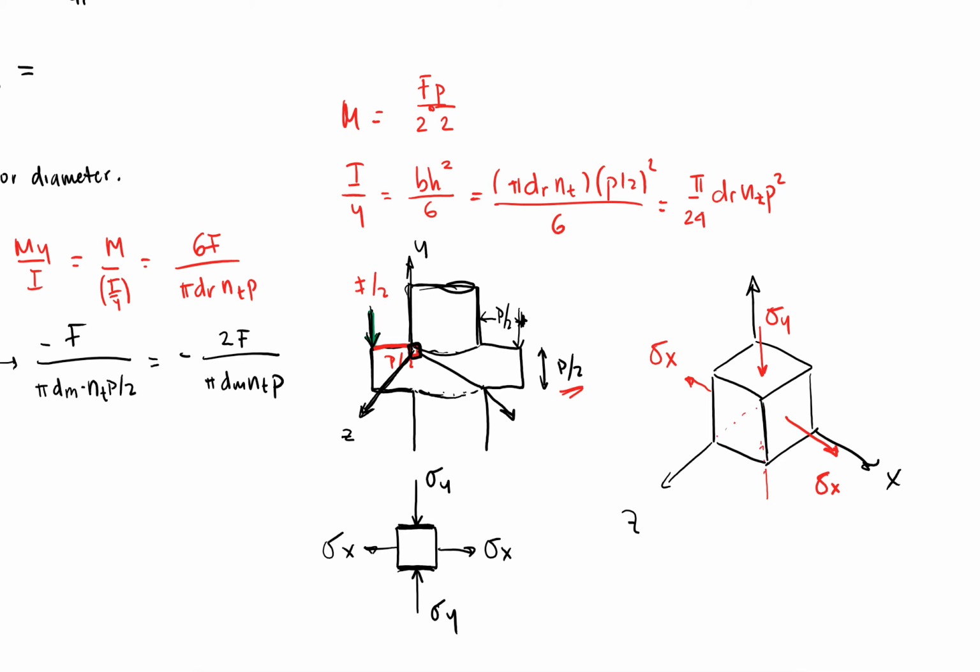Going inside, sigma y, and from what I just said, there's going to be a tau coming in this direction. Let's say that this is rotating in this direction, so that it's consistent with the stress that I just drew.